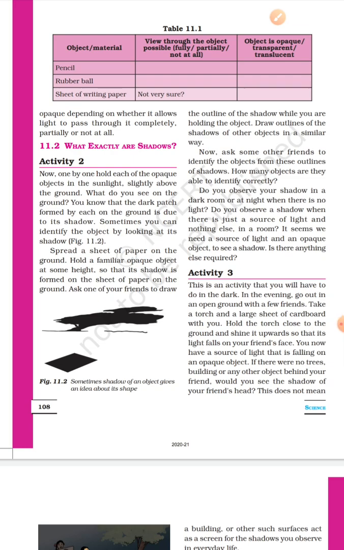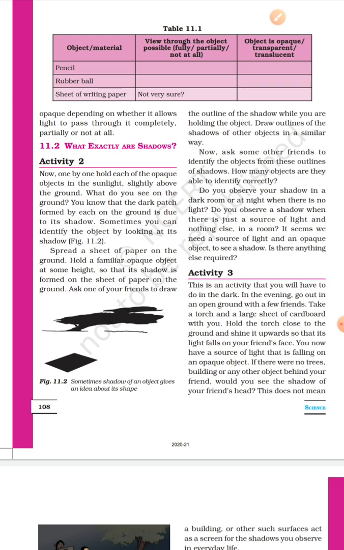Now one by one hold each of the opaque objects in the sunlight, slightly above the ground. Then what do you see on the ground? You see there is a dark patch formed by each on the ground due to its shadow.